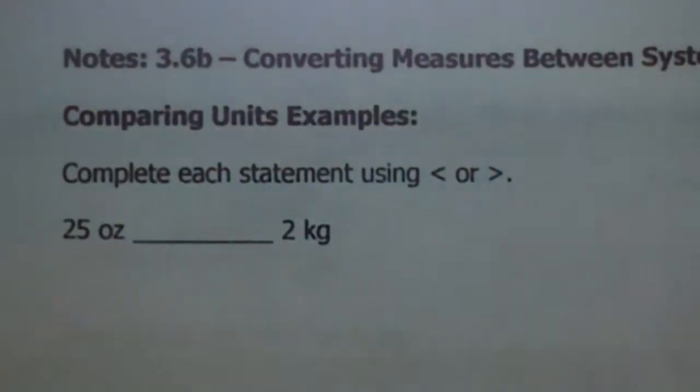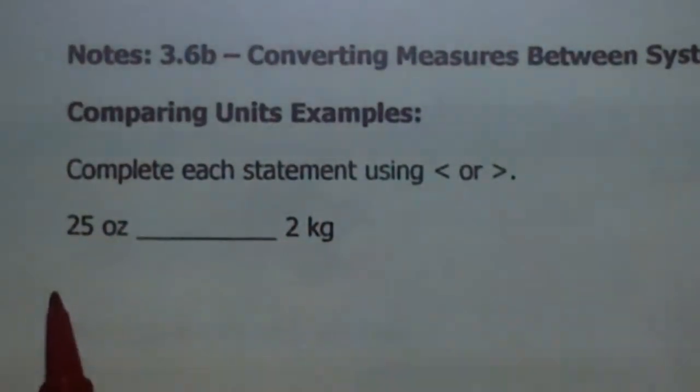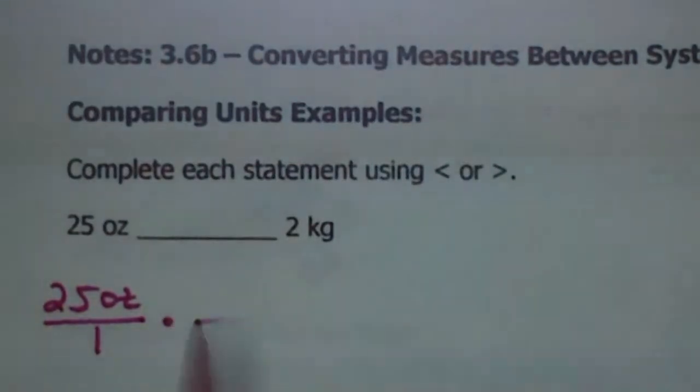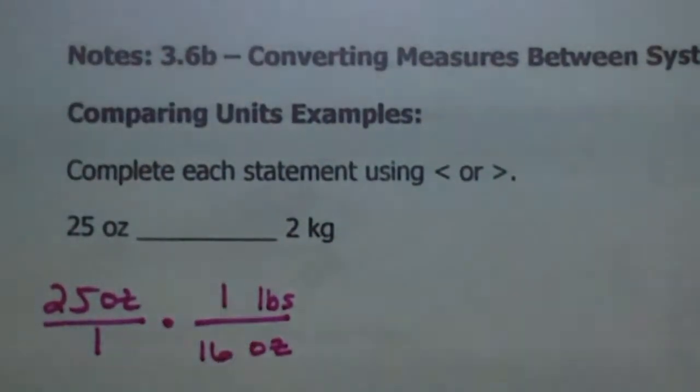I know that there are 16 ounces in 1 pound, okay? And I do know how to get from pounds to kilograms. So starting with this, I'm going to take my 25 ounces over 1. And remember, the unit that you want to get rid of, you put it in the bottom. I'm trying to go from ounces to pounds right now, because I know that there are 16 ounces in 1 pound.